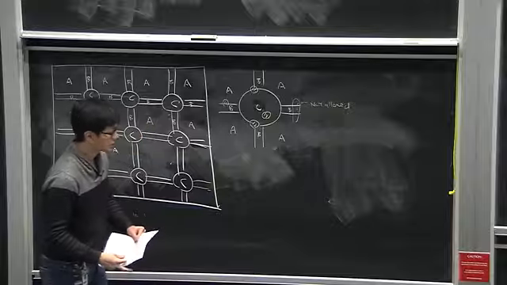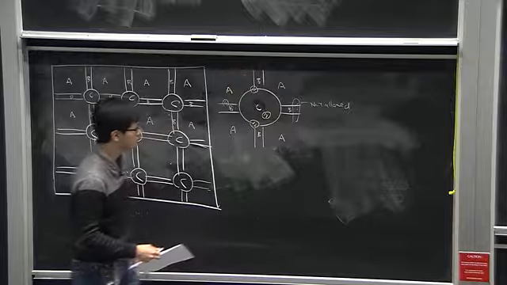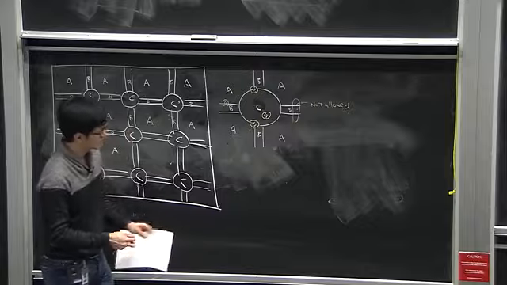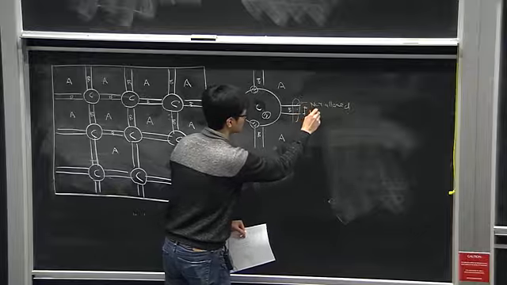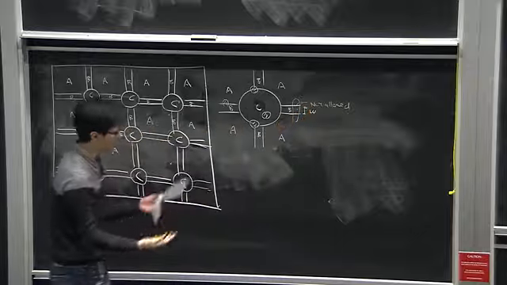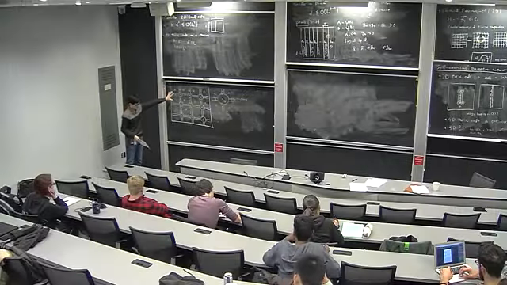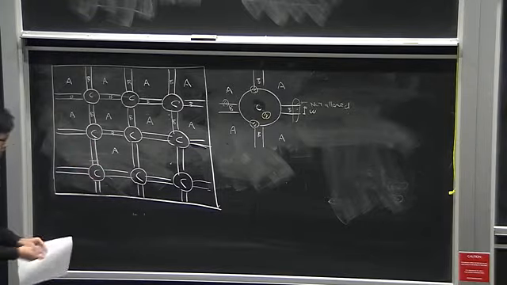So there are no stabilizer generators which act on regions with the same color, A or B. This can be done by picking the region width to be W, or slightly bigger than W. The reason why we want to do this partitioning is precisely the following.